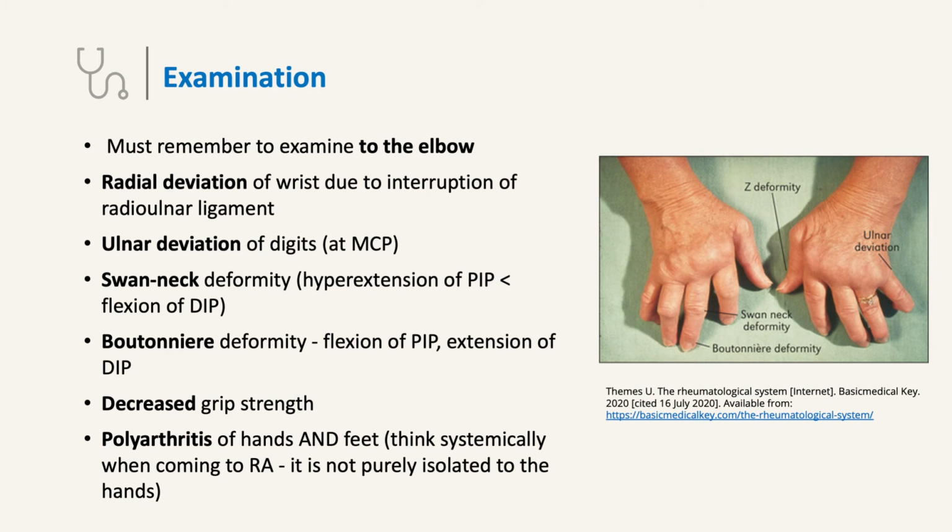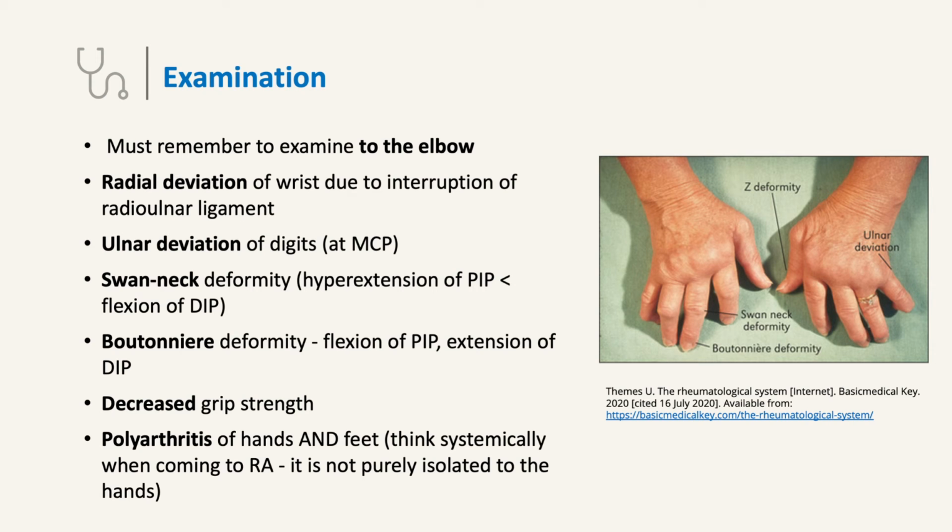The picture quite clearly and nicely demonstrates the ulnar deviation of the digits in relationship to the metacarpophalangeal joints. You may also get eponymous deformities of the digits, including swan neck deformity and Boutonniere's deformity, described on the slides.